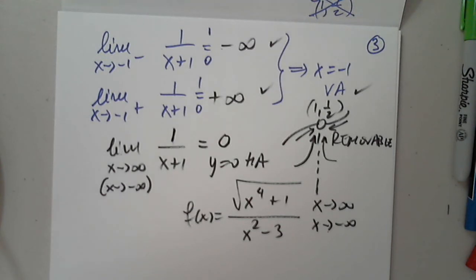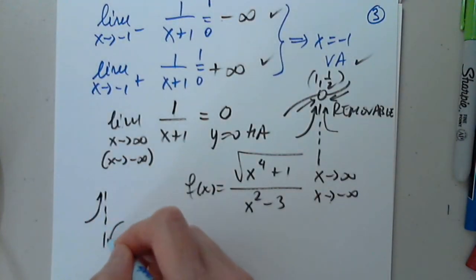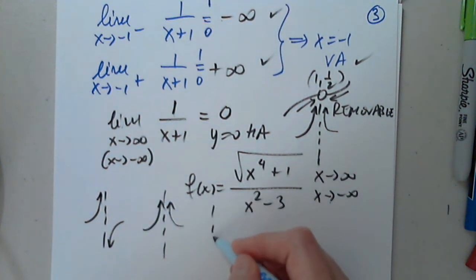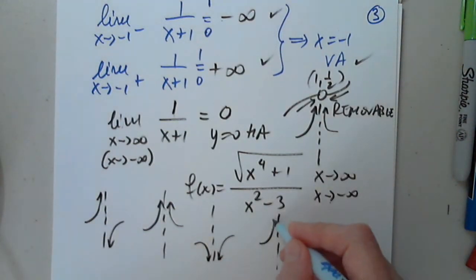So when it comes to testing for horizontal asymptotes, you do infinity and or negative infinity, but for vertical asymptotes, you have to check left and right, because you have several options. You have one option, you have the second option, you have the third option, and you have this.